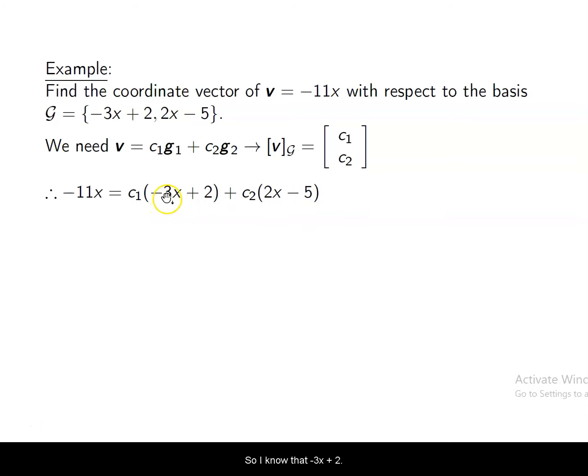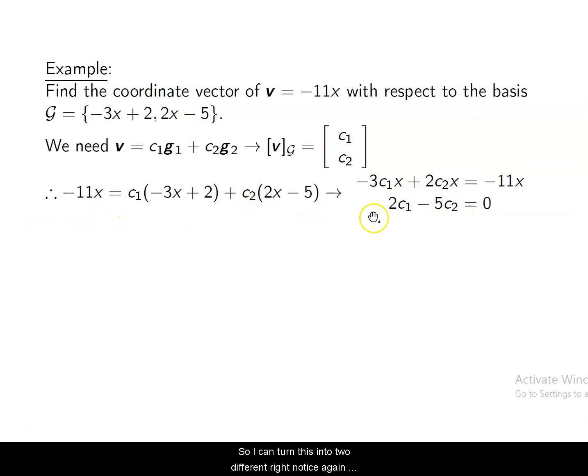So I know that negative 3c1 plus 2c2 will equal negative 11, and that 2c1 minus 5c2 will equal 0, the constants. So I can turn this into two different equations. Notice again that these are basically column vectors at this point, so we should be used to doing that.